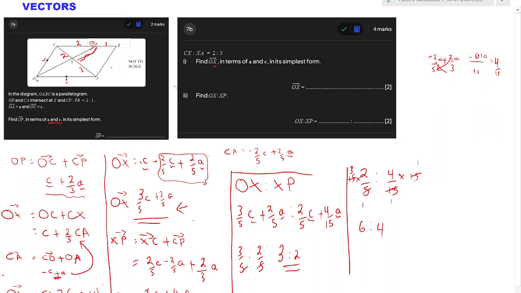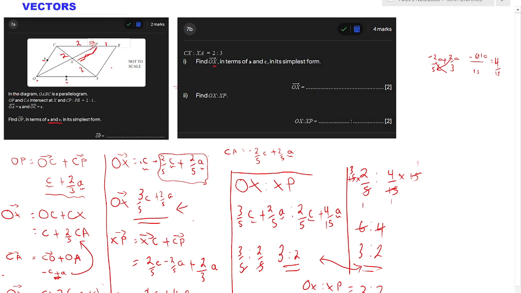If you simplify this ratio, 6 divided by 2 is 3, and 4 divided by 2 is 2. So the ratio remains the same. You can see clearly that these two ratios are the same, and therefore the ratio OX to XP is 3 is to 2.